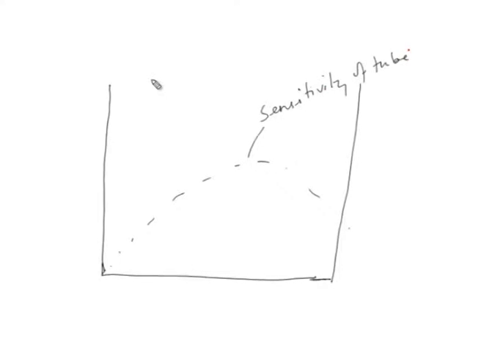So, you have to have that emitted radiation in the sensitive region of the tube. If we say this is the sensitive region, that is the sensitivity of the photomultiplier tube.